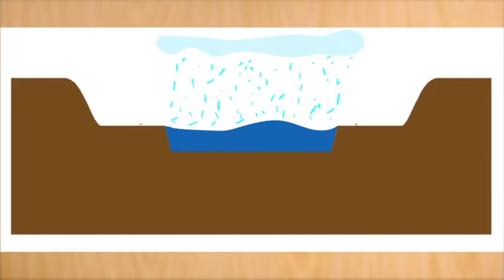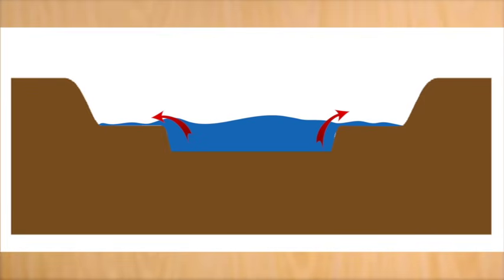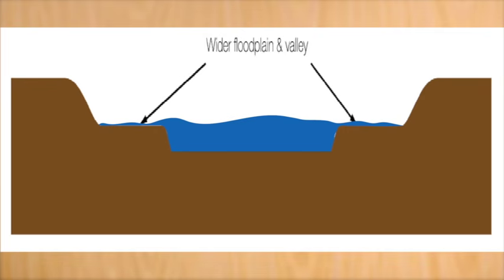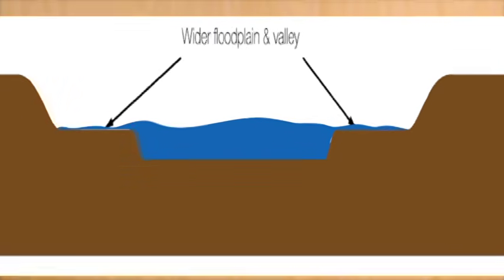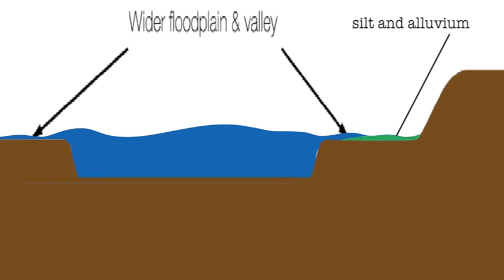Now, since the river has a gentle slope, during high discharge and heavy rainfall, the river may overflow its banks and flood all over the lower lying area adjacent to its banks, resulting in the formation of floodplains on the other sides of the river where silts and alluvium will be deposited.